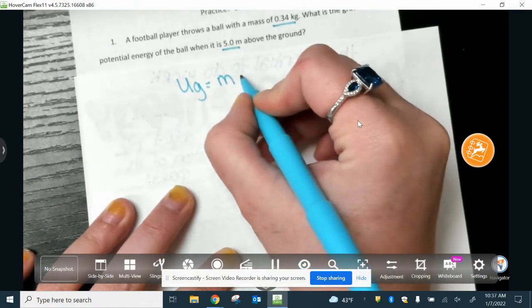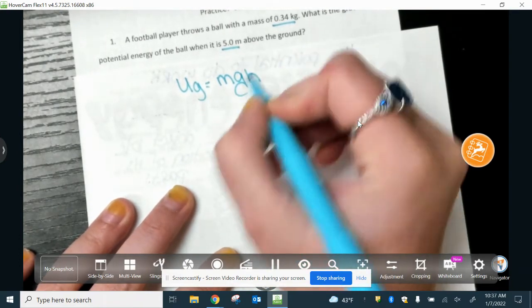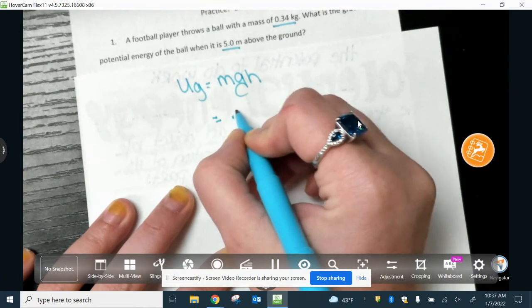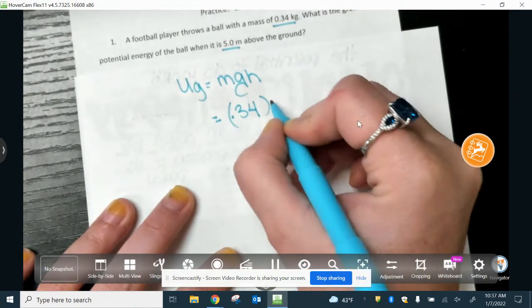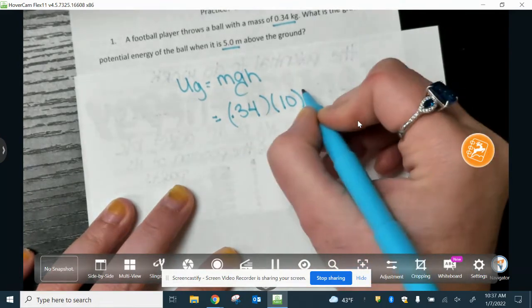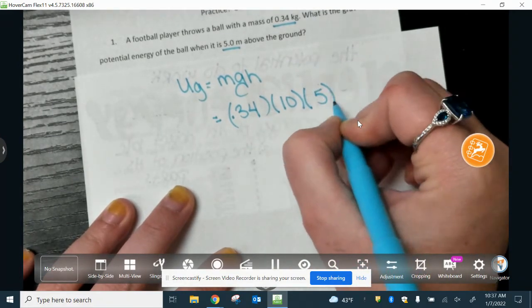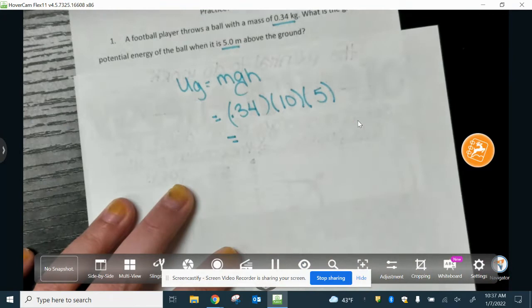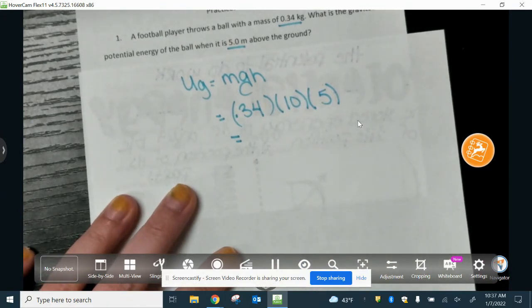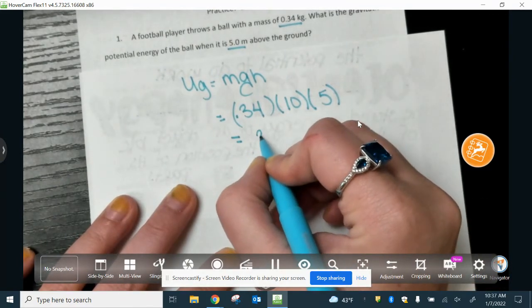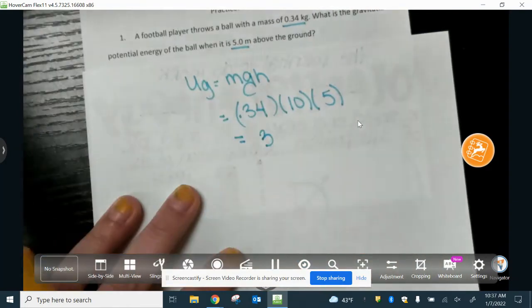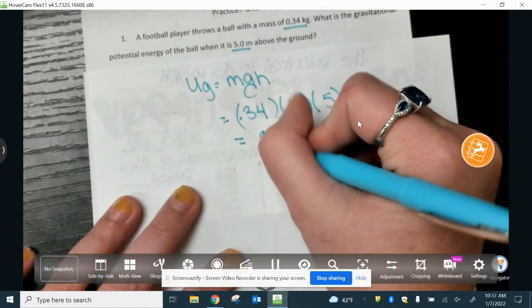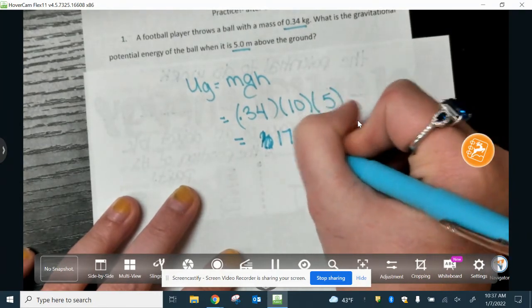So UG is equal to mgh, which would be 0.34 times 10 times 5. What'd y'all get? 17. Okay. There we go. 17 joules.